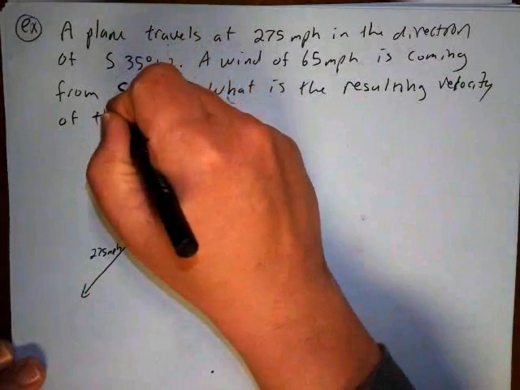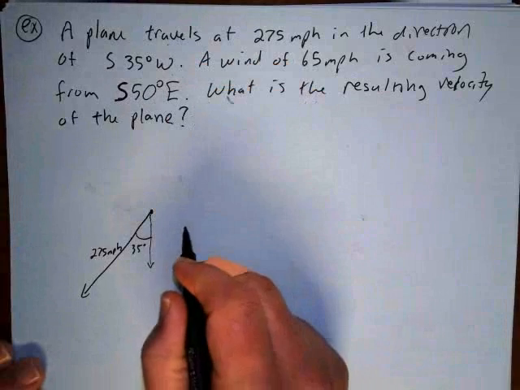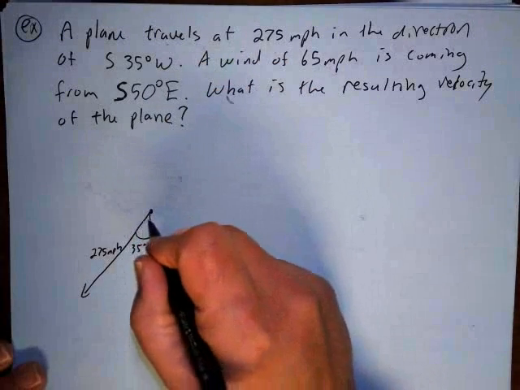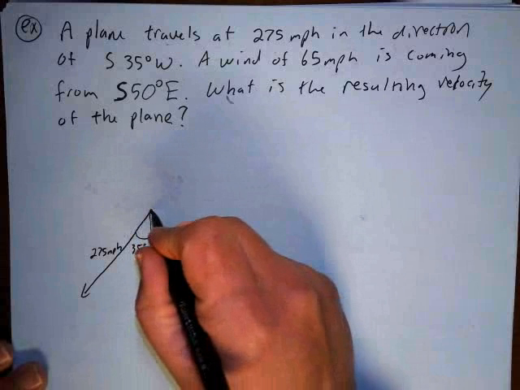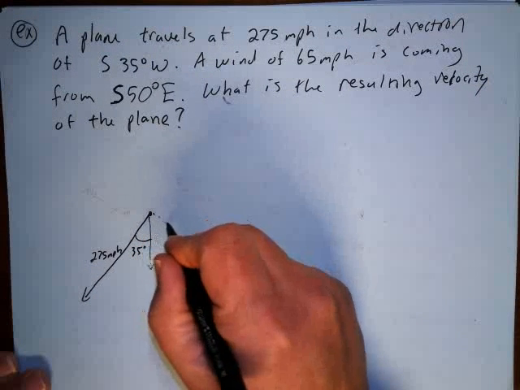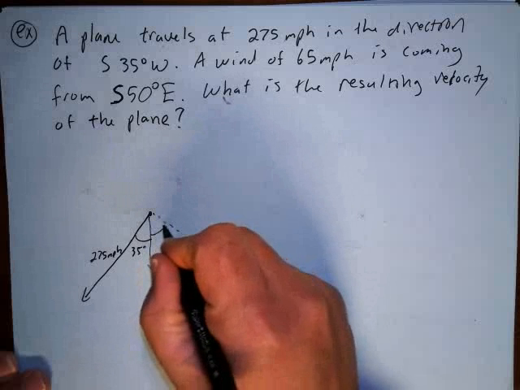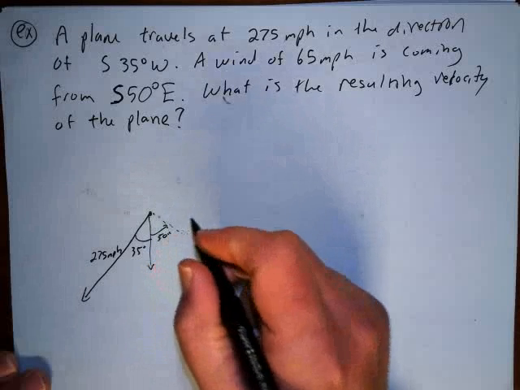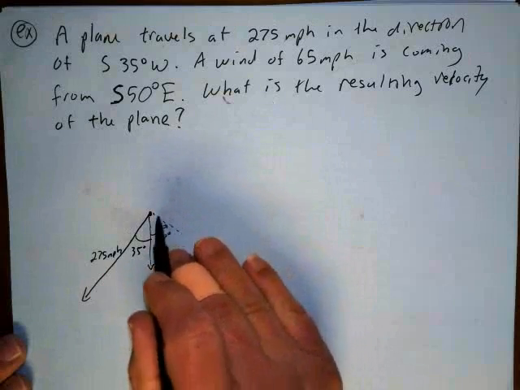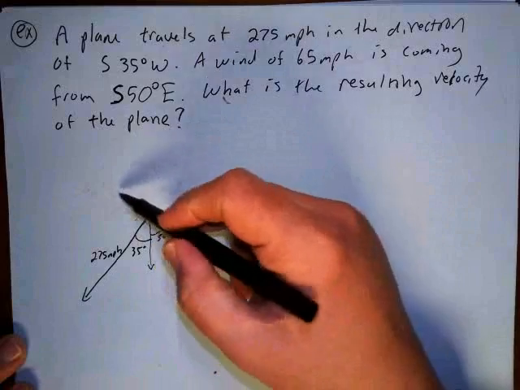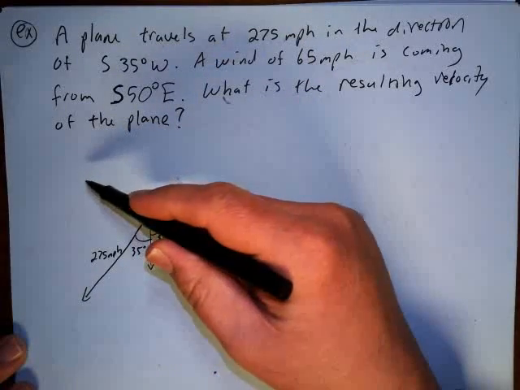And then what you got is wind, and it says it's coming from south, this is south here, an S, south 50 degrees east. So if I do that, and I'm going to make a dotted line here, because if you remember, it would be like this. This is like 50 degrees. So if it's coming from this direction, you would be going this way. The wind is coming from that direction.